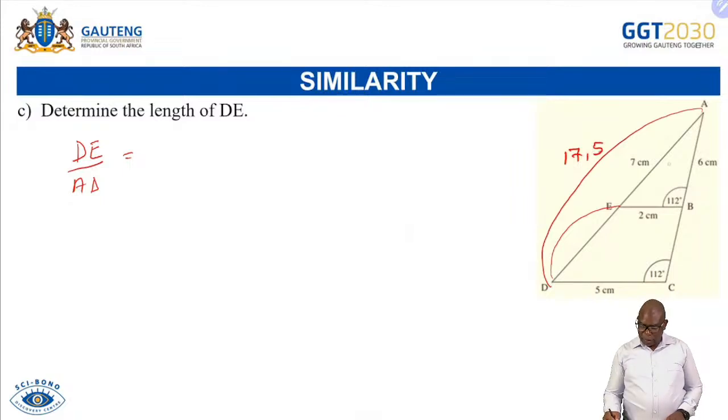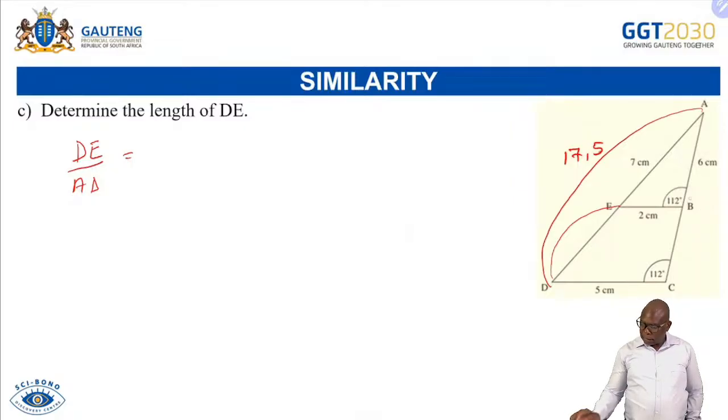Sorry, I need the length of DE, not AD. So DE over AD, what is DE there? DE we do not have.